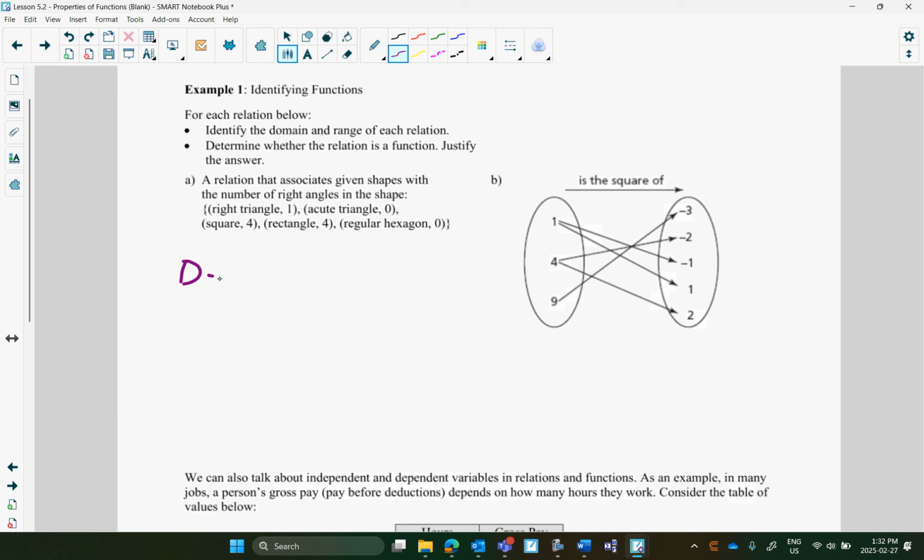Just going to put capital D for domain, and we usually start with braces. So what are all the elements in the domain here? Right triangle. Cube, triangle.